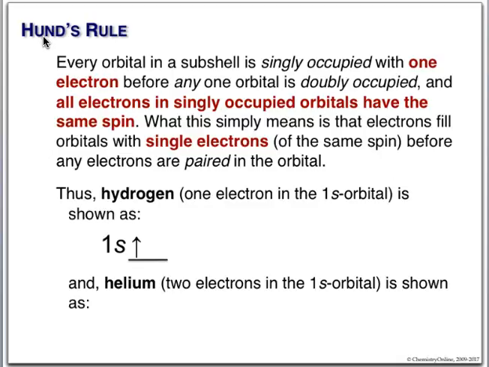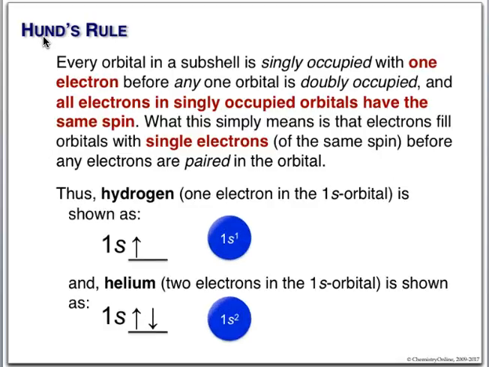It has 2 electrons. 2 electrons have to have opposite spins, so we would write them like this. 1s, 1 up, and 1 down. The abbreviation that we use that makes it easier, we call this a 1s1 and a 1s2. Within the 1s orbital, we have 1 electron or 2.